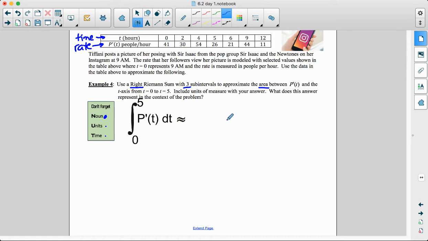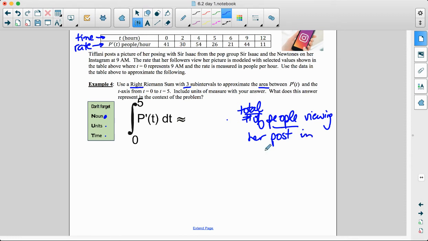Whatever, if your answer is 6, you have to say 6 what? So our answer is going to be the number of people, that's our noun, viewing her post. Or we could say the total number of people would be even better. Total number of people viewing her post. The units, so people is our units. Total is our noun.